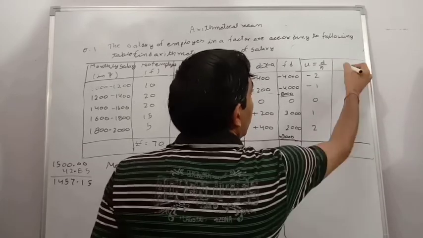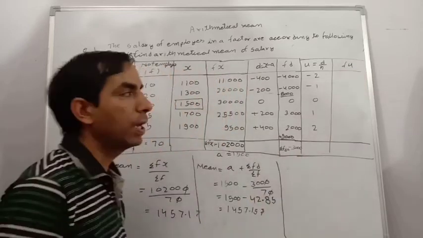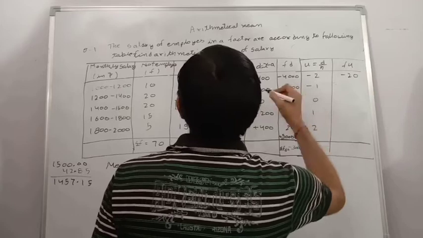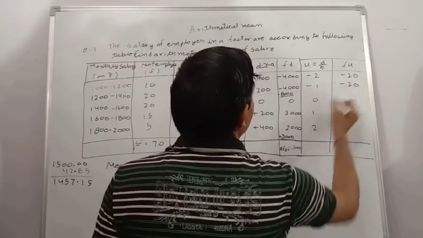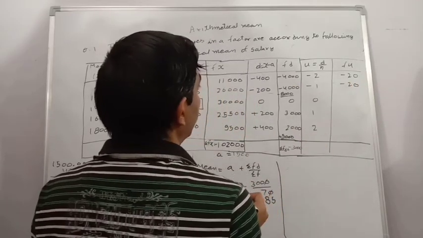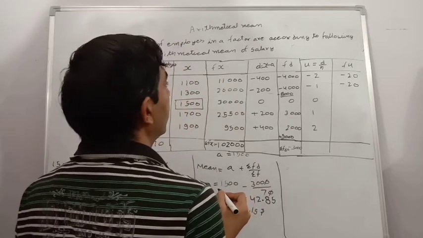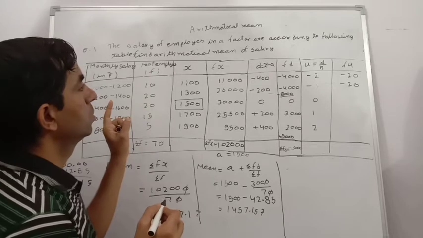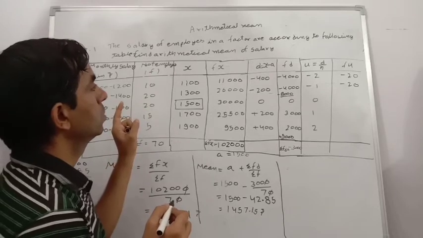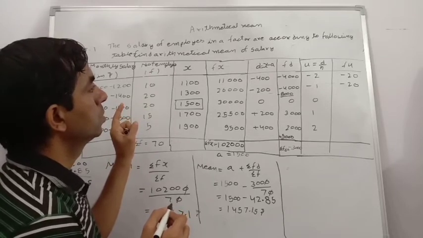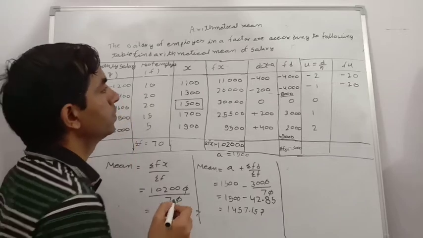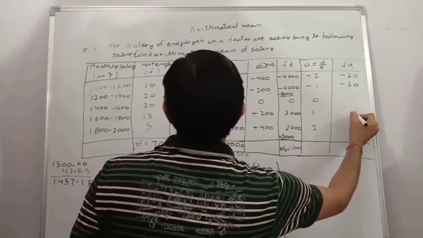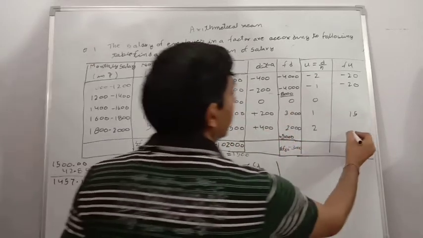Now we get fu. Fu is the same, 2 multiplied by 10 minus 20, minus 20, fifteen 1 is 15 and 5 2 is 10.